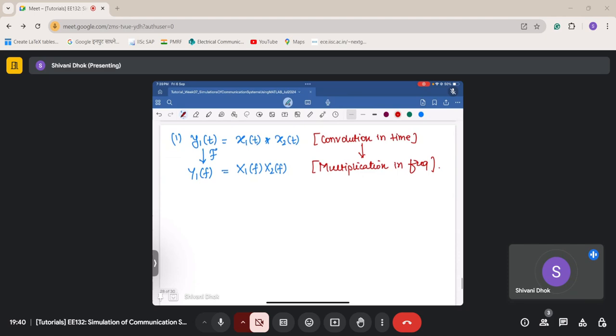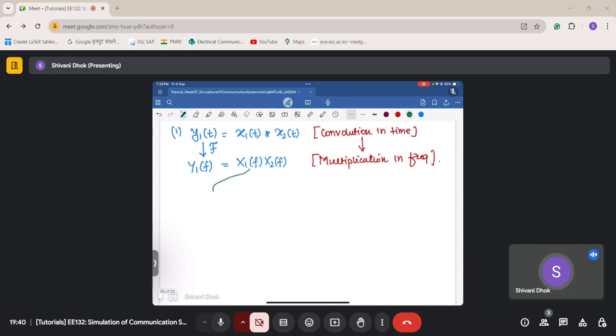Okay. So now let us assume certain things. Let's say that this X1(f) takes something like this. This we know, and this X2(f) has a spectrum something like this.